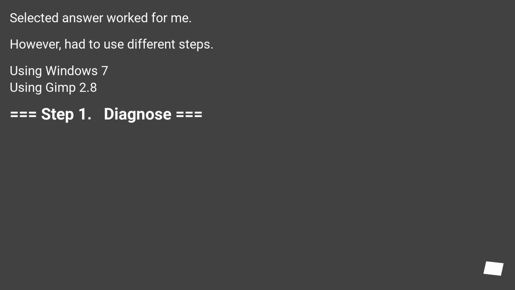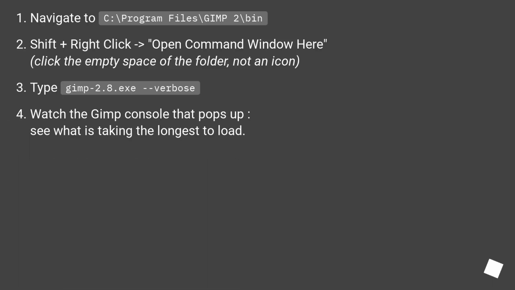Step 1: diagnose. Navigate to C:\program files\GIMP2\bin. Shift plus right click, then open command window here. Click the empty space of the folder, not an icon.